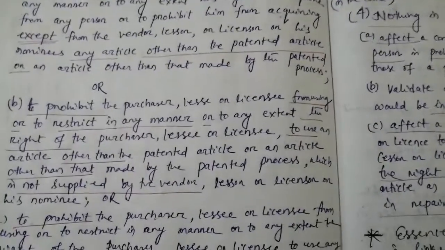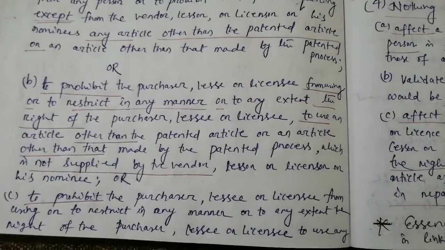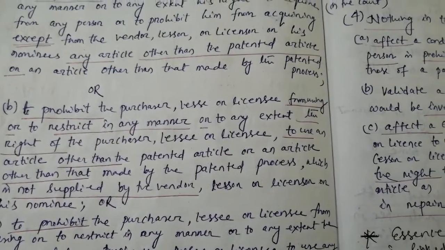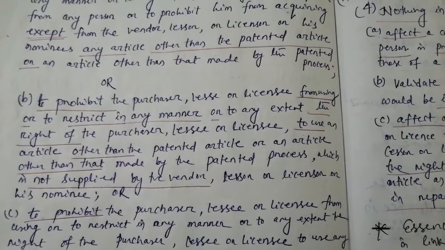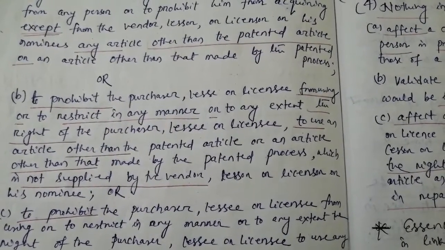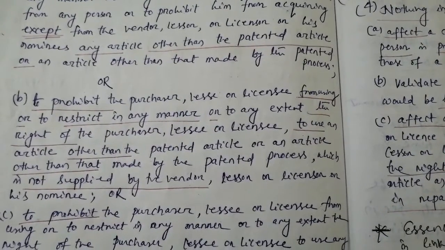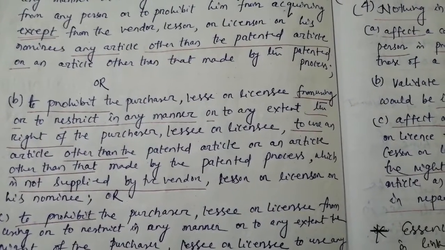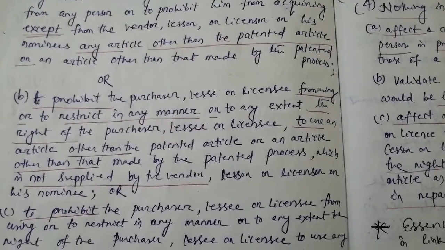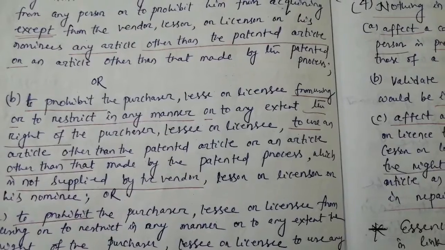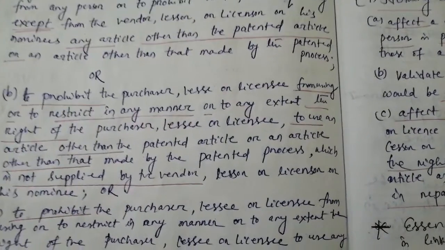Fine. Or B, to prohibit the purchaser, lessee or licensee from using, or to restrict in any manner or to any extent the right of the purchaser, lessee or licensee to use, an article other than the patented article or an article other than that made by the patented process, which is not supplied by the vendor, lessor or licensor or his nominee.